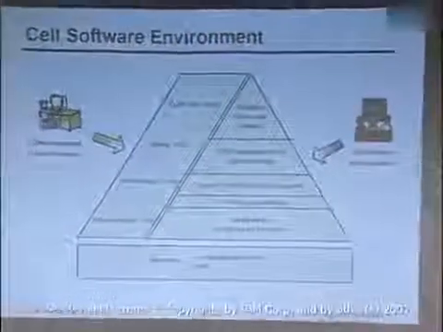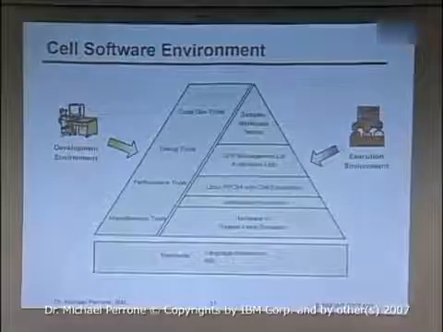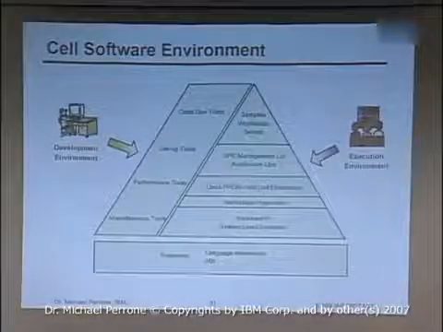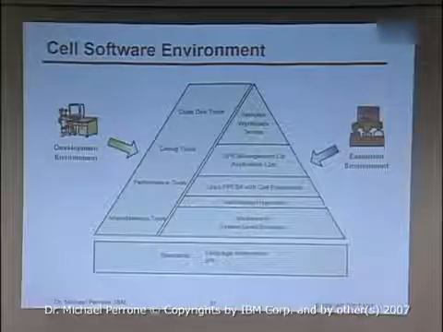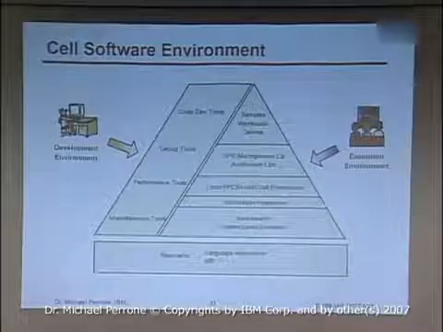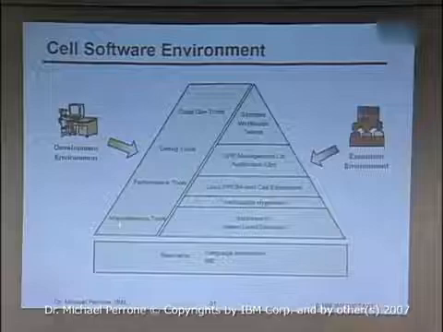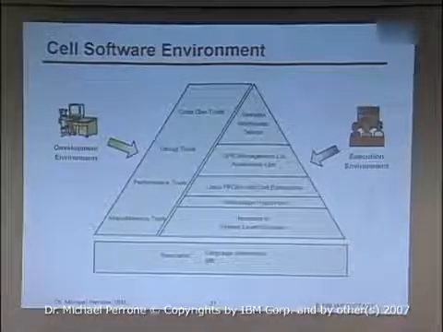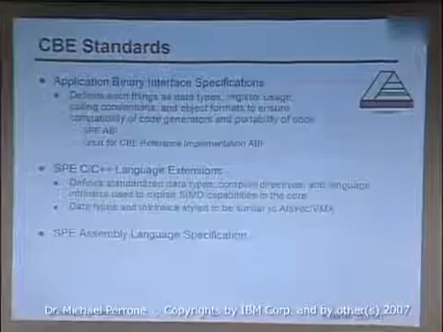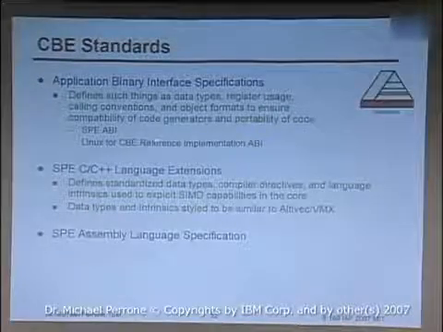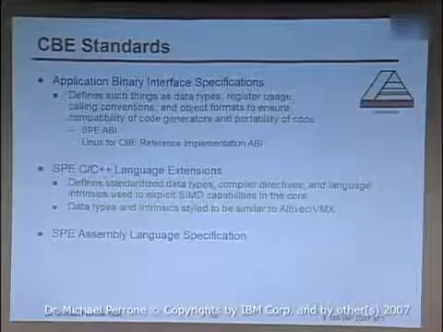All right, so this is kind of the pyramid, the cell software pyramid. We've got the standards under here, the application binary interface, language extensions, and over here we have development tools, and we'll talk about each of these pieces briefly. These specifications define what's actually the reference implementation for the cell.